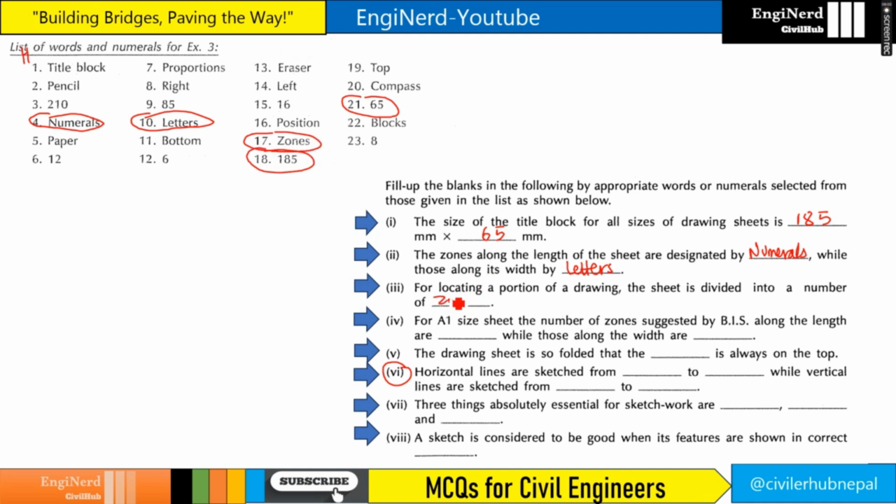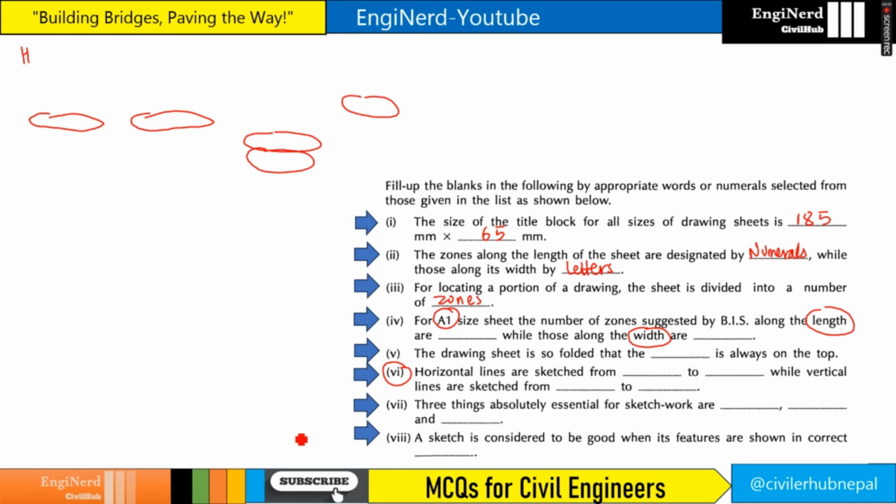So zones. Again, for an A1 size sheet, the number of zones suggested by BIS, the Bureau of Indian Standards, along the length are dash, while those along the width are dash. So it is asked about length and width for this A1 size sheet, right?